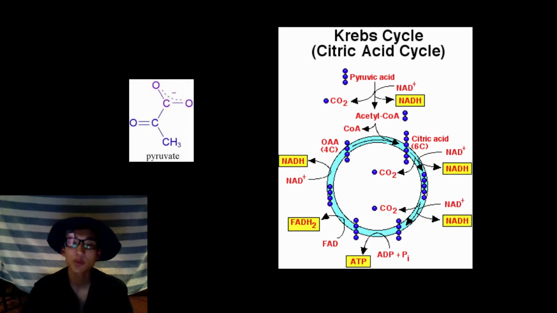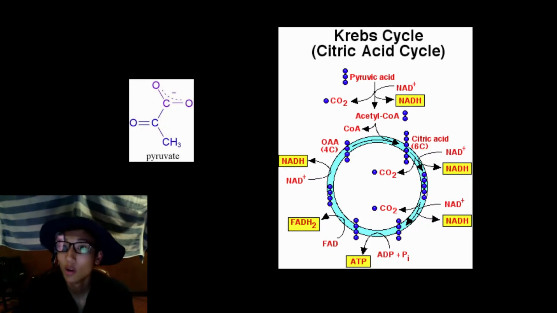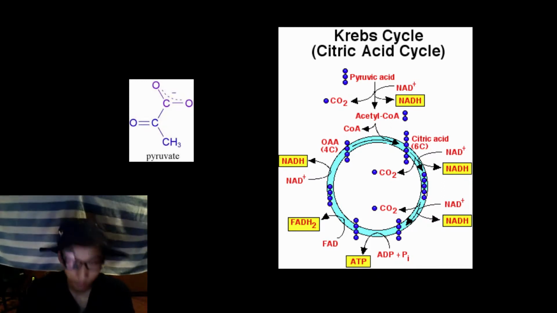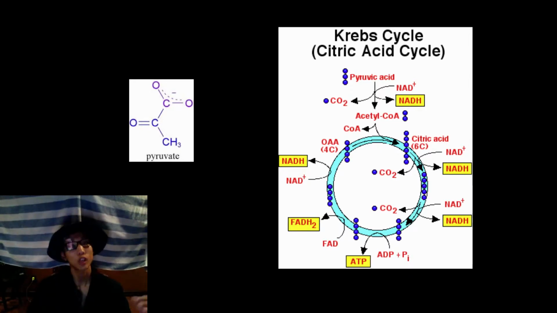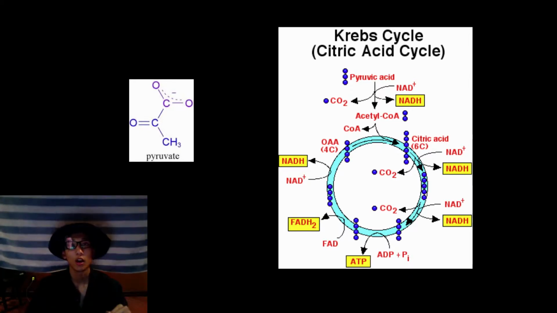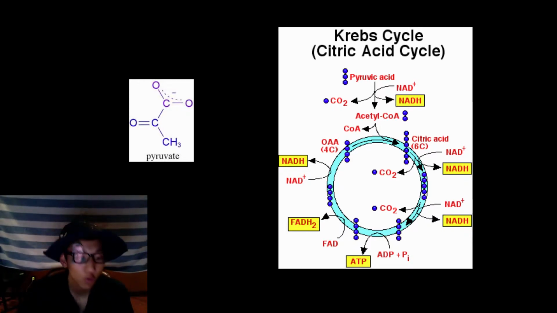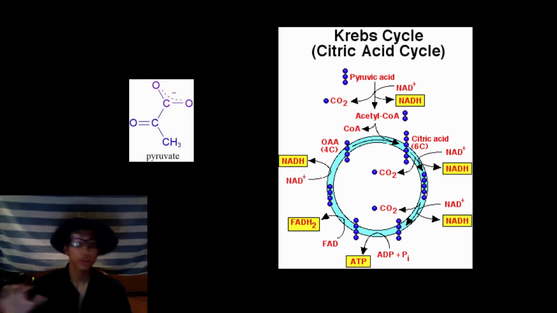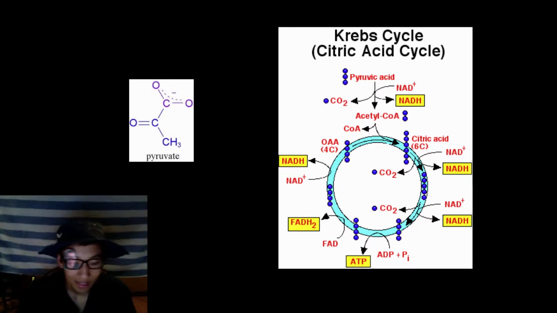When oxygen is present, aerobic respiration uses the citric acid cycle, also known as the Krebs cycle. Now the Krebs cycle is powered by pyruvate, which comes from glycolysis, the previous step of cellular respiration. The Krebs cycle generally is just a cyclical series of enzyme catalyzed reactions.